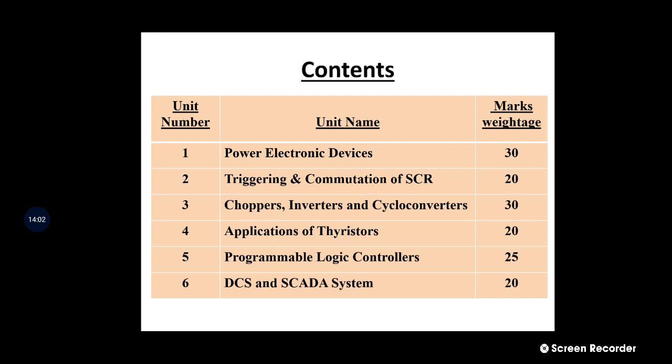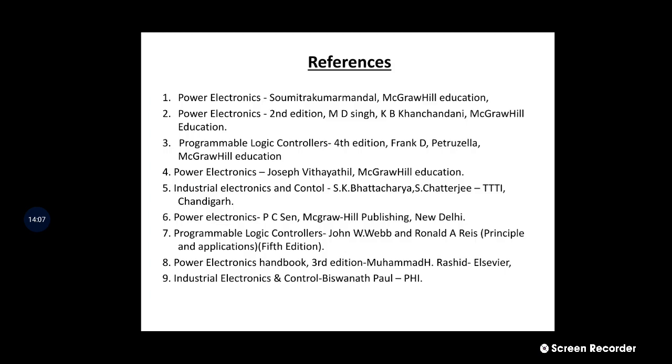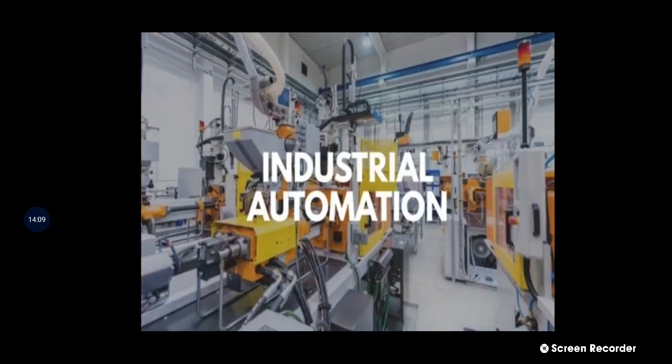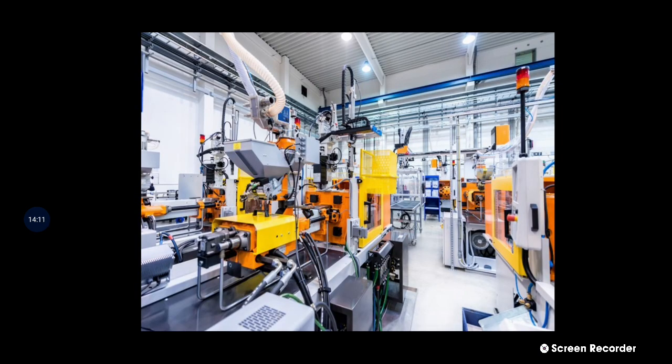Next, units 5 and 6 are the PLC parts. Here, the power supply alone is not sufficient to run the machine. If you provide power supply, a machine will work, but if you want, for example, a particular time delay for the machine, it requires a program, right?